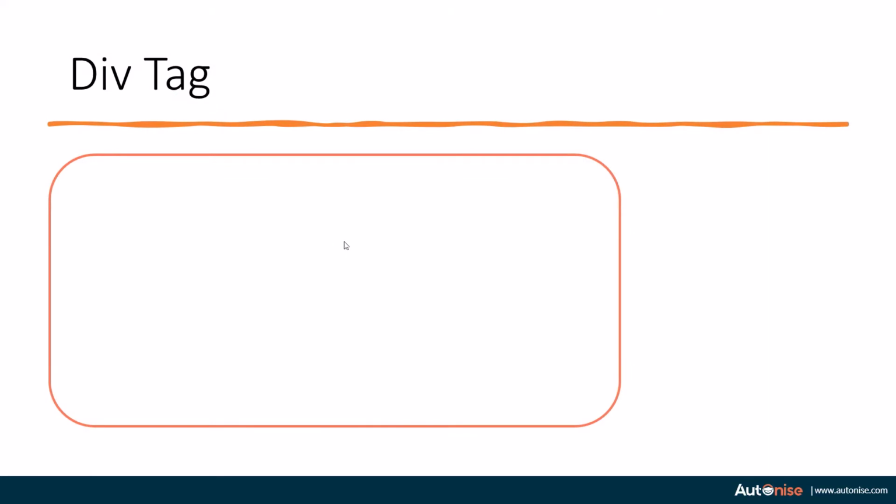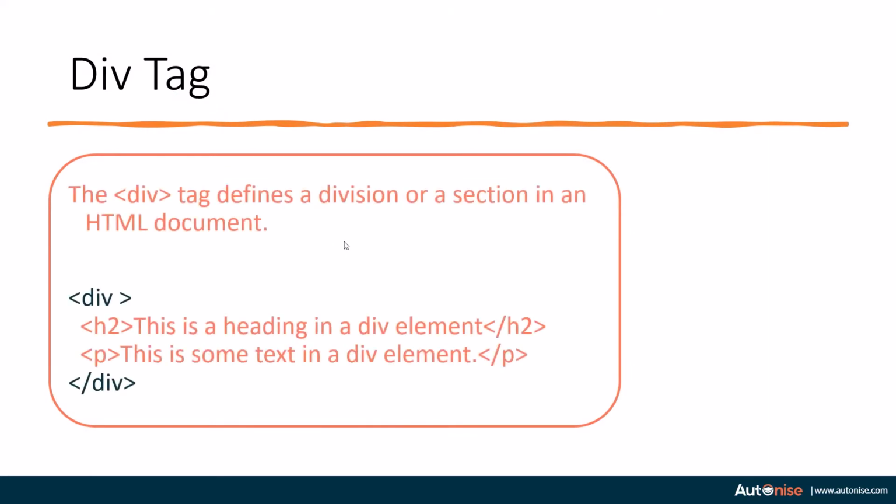Next, there is the div tag. The div tag defines a division or a section in the HTML document. We'll be using a lot of div tags when writing HTML code. The div tag is used like this. It defines a section of your code.